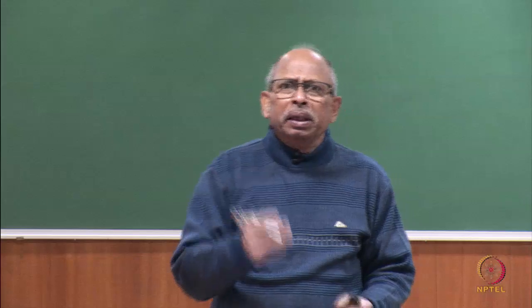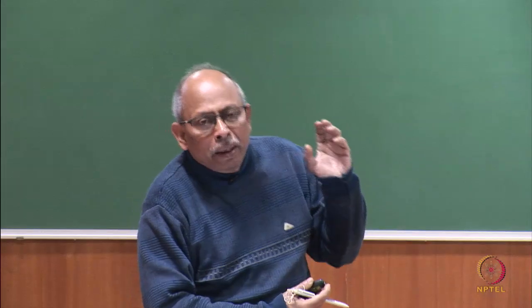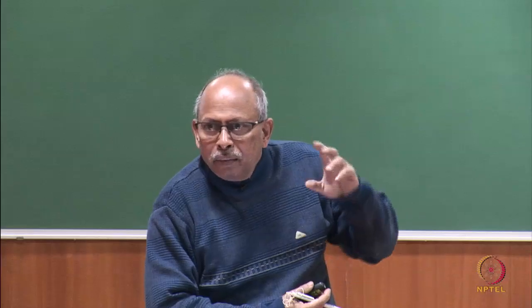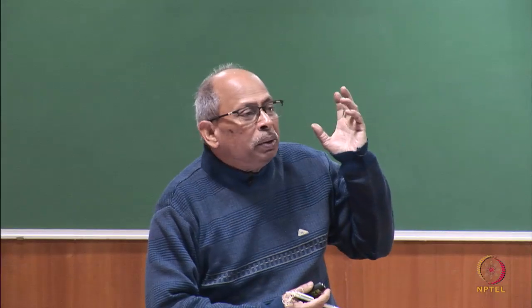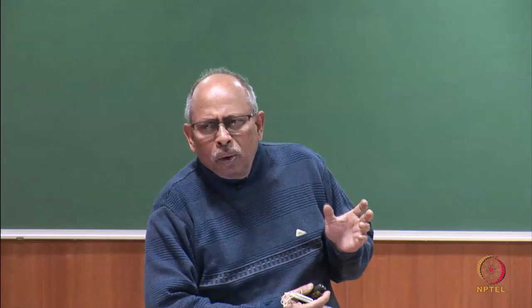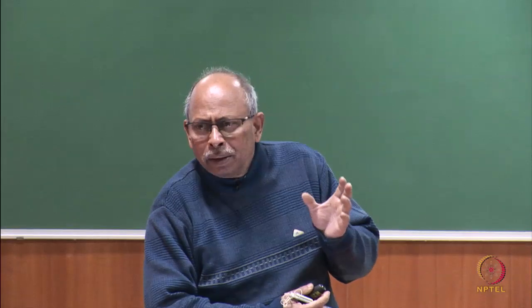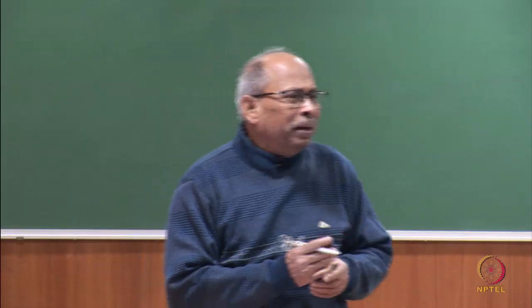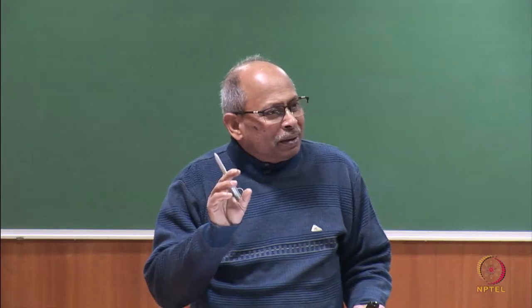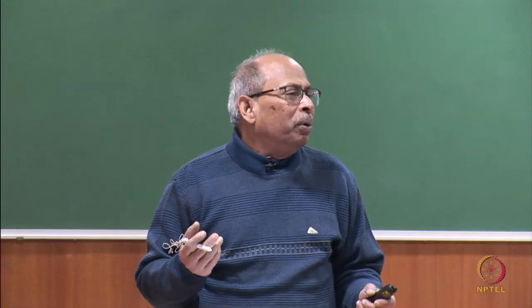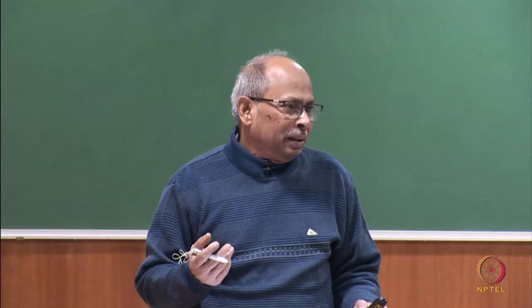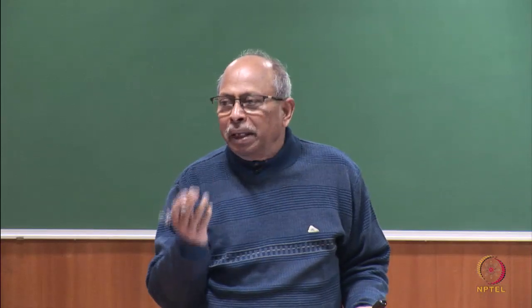For example, a simple thing is the lamps today. If you look at the incandescent lamp which we were using earlier, maybe almost from the time of Thomas Alva Edison who invented that, those lamps were consuming a very high amount of energy. The lumen output per watt was much less. Lumen is the unit of light.